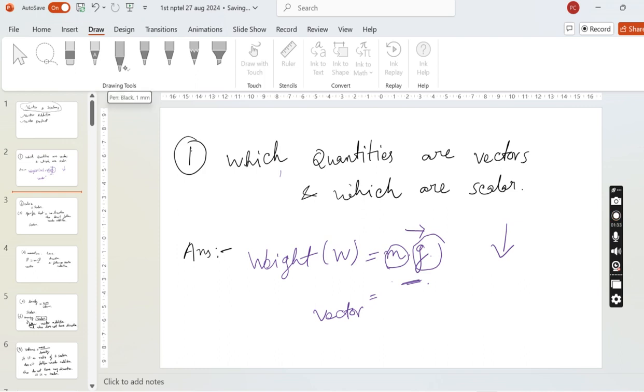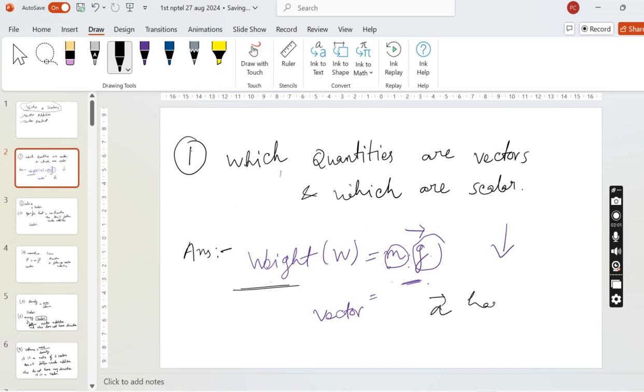The first I want to discuss is weight. Whether weight is a scalar or a vector, we want to discuss it. We know weight is mass into gravity. Gravity is basically a kind of acceleration, and acceleration has direction as well as magnitude.